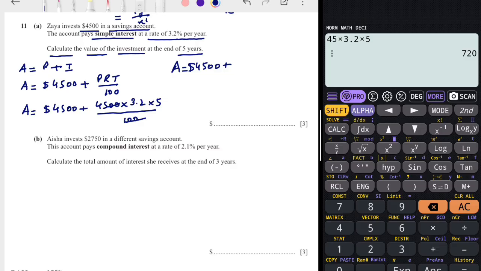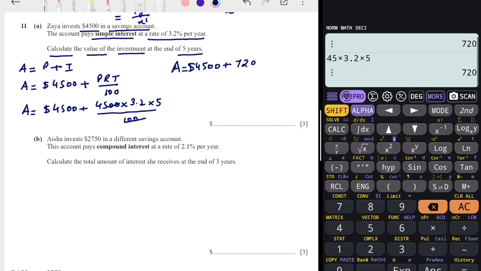Let me multiply again. 45 multiplied by 3.2 multiplied by 5. So we have 720. So 720.